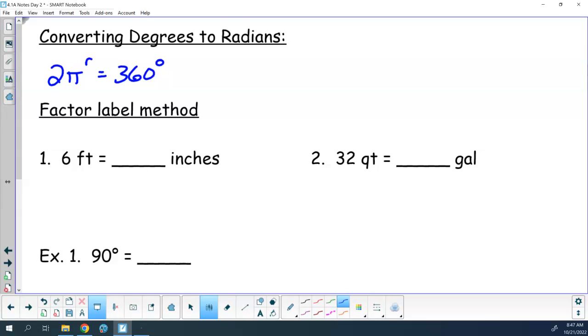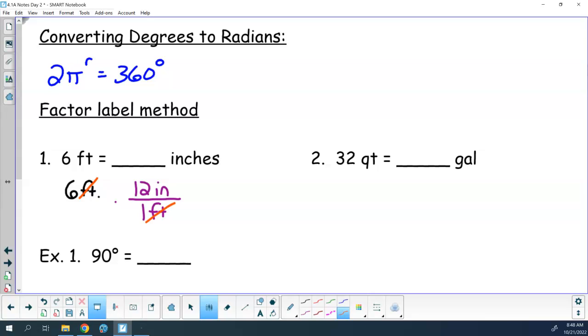That factor label method, remember, is if I have 6 feet and I want to convert that into inches, okay? Truly what I'm doing, you probably will just multiply by 12 because there's 12 inches in 1 foot, but truly what you're doing is you're saying, there are 12 inches in 1 foot, so I am factoring out the labels.